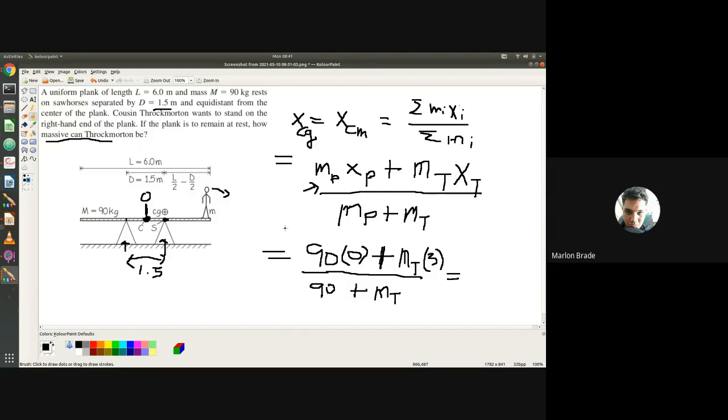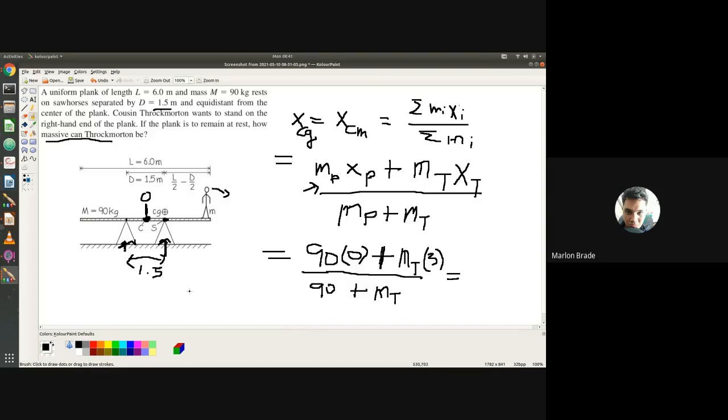Ang question karon, katong bag-o nga center of mass o center of gravity after nisakay si Throckmorton, unsa kalayo gikan sa inyong gipili nga origin? 1.5? Basaha nang tarong ang problem. Ang sawhorses, gikan sa tunga sa sawhorses, ang kalayo is 1.5.